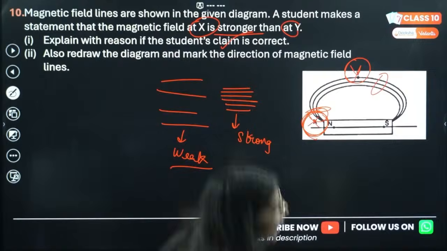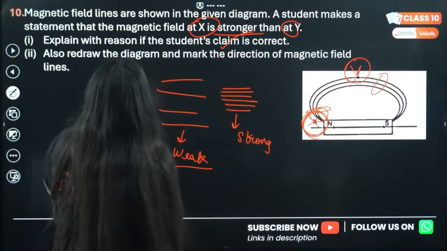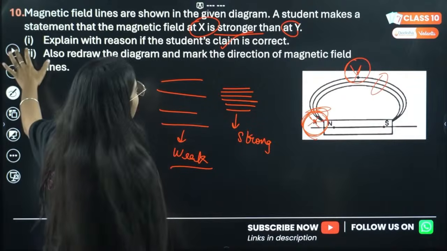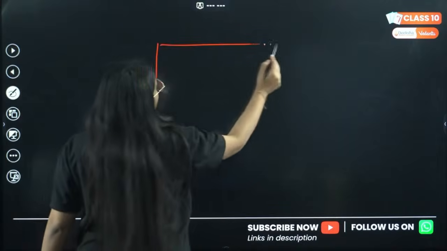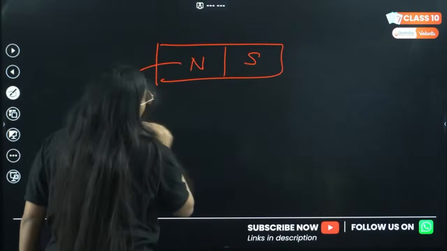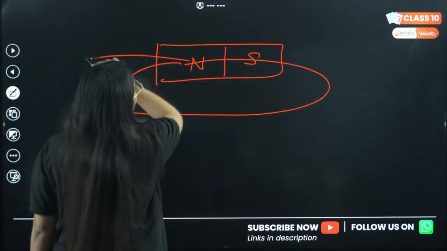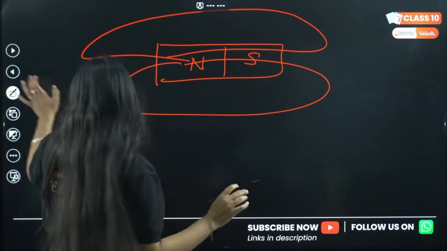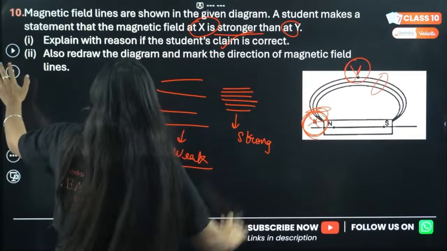Correct? Okay. The second part says also draw the diagram and mark the direction of magnetic field lines. So they are saying redraw the diagram, north to south. Now I've told you 100 times, this will be the shape of my magnetic field lines.